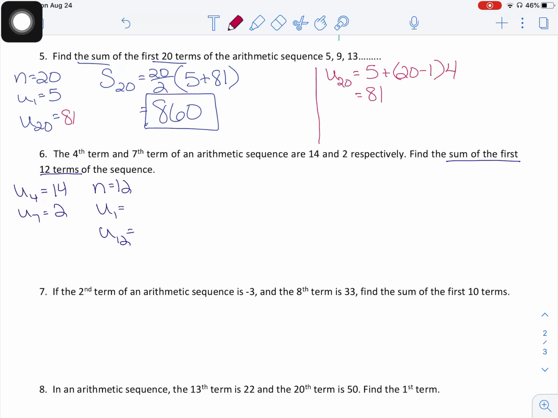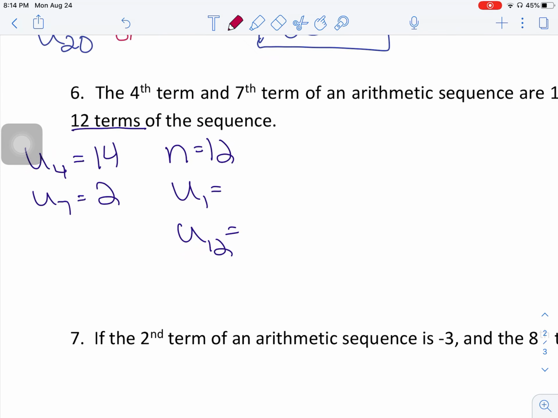So if we take the change in the term values, in this case 14 minus 2 over the change in my term numbers, 4 minus 7. So 14 minus 2 is 12, 4 minus 7 is negative 3. If I take 12 divided by negative 3, I get negative 4. Now, that tells me that I have a common difference of negative 4.